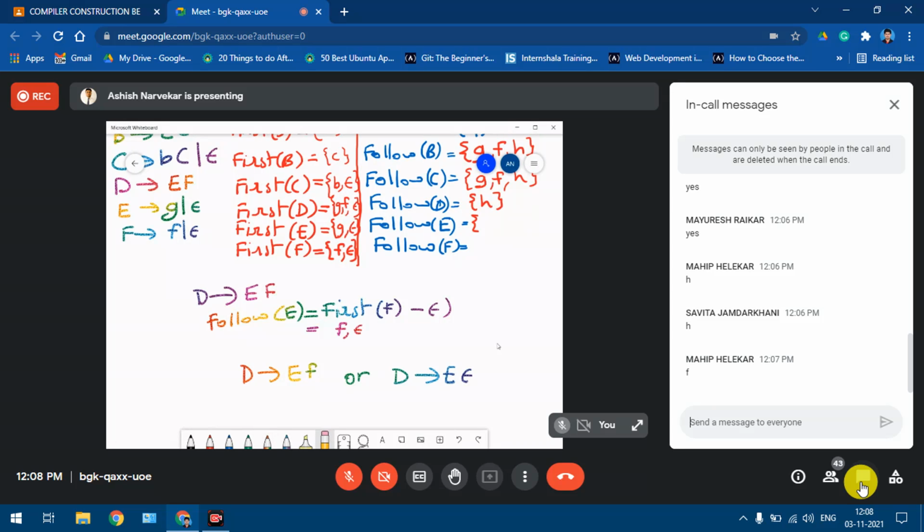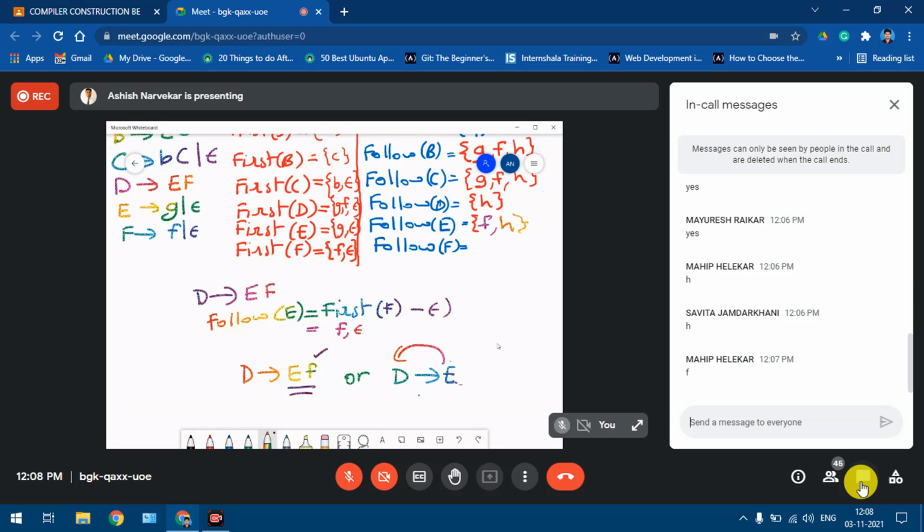D derives E epsilon is as good as we get the production in this form. So based on this, our follow of E will be containing F over here, and when we put epsilon over there, this just becomes E. So in this case, the follow of E will be equal to follow of D. Follow of D is already computed as H, so H.